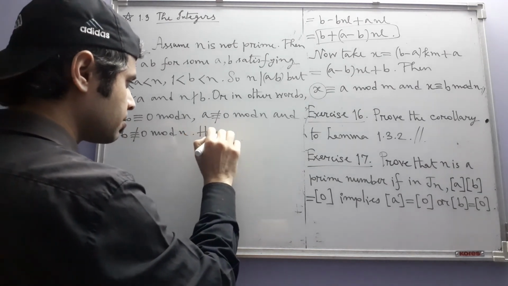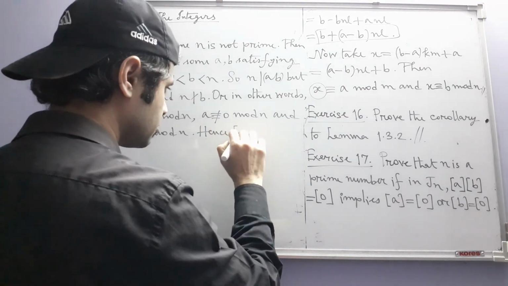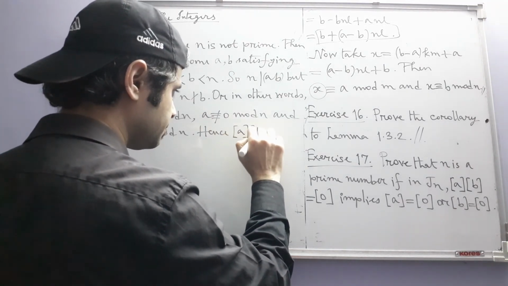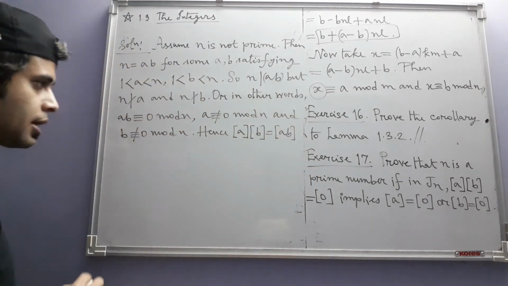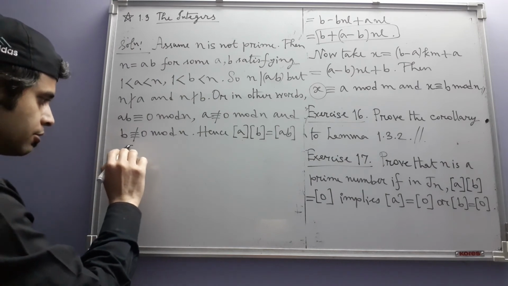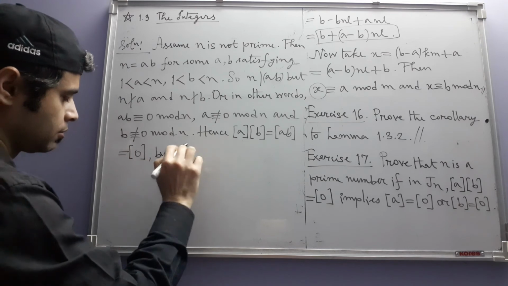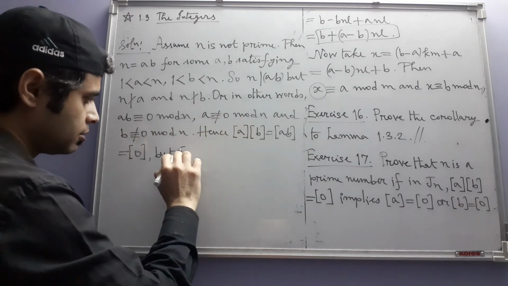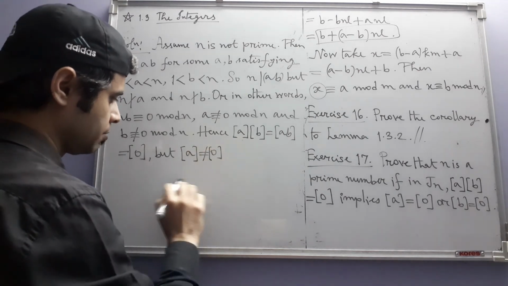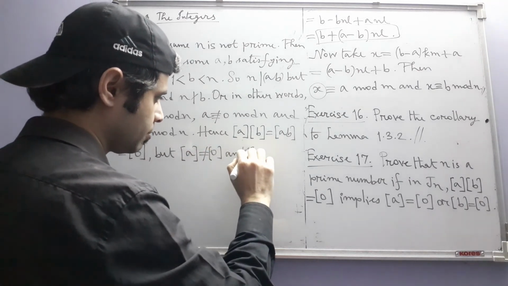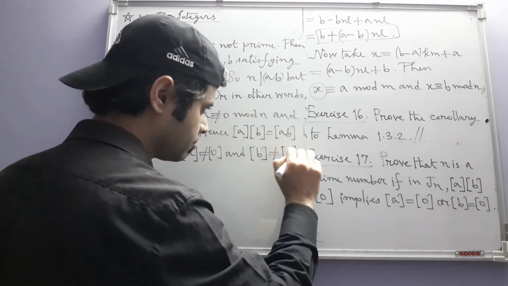Hence, since AB is congruent to 0 mod n, this product is nothing but the congruence class that contains AB, which is equal to 0. But similarly, this is not equal to 0 and this is also not equal to 0.